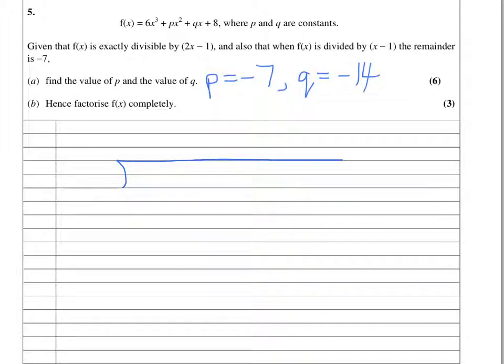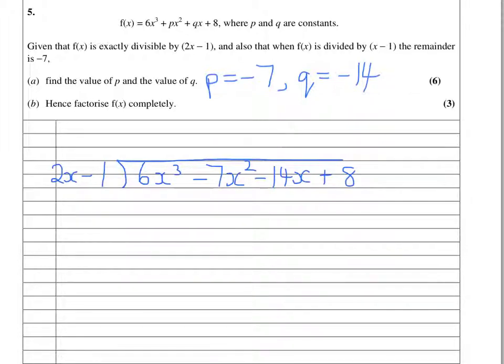I'm going to divide in the factor that I know is a factor, so that's 2x minus 1, into my equation f of x. And now I can put in the values of p and q. So it's 6x cubed, p is minus 7x squared, q is minus 14, so minus 14x, plus 8.